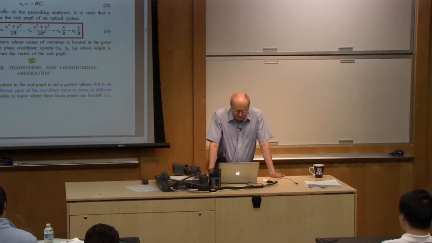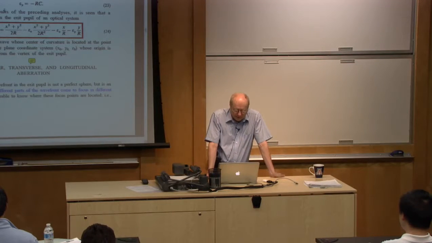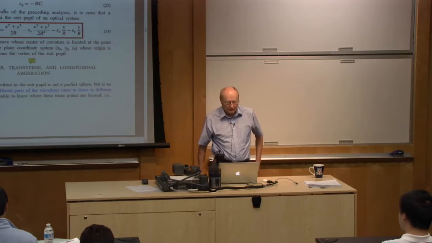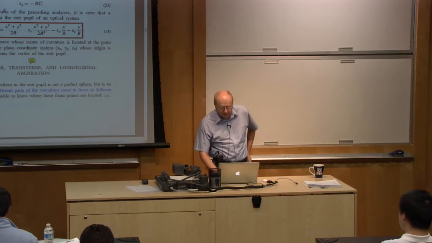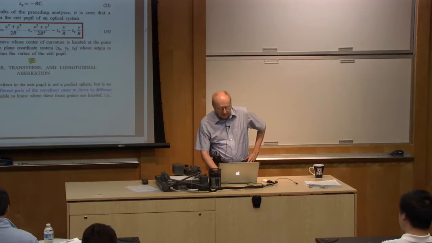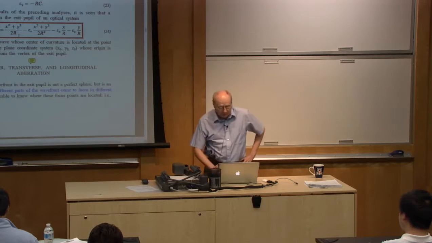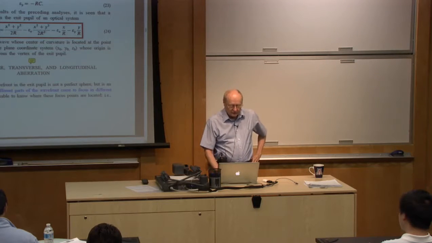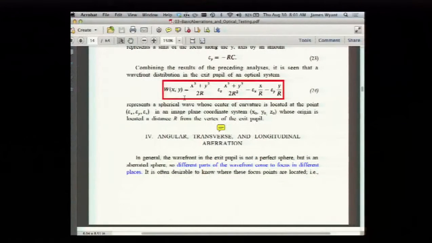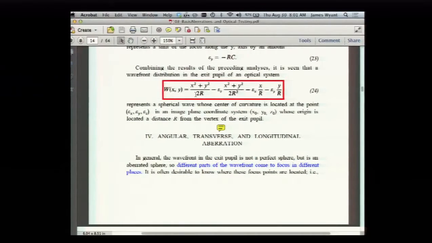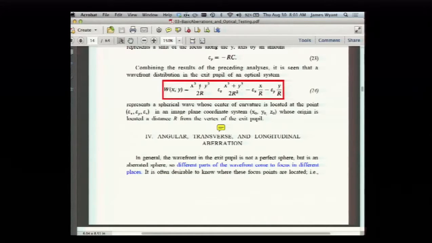So, last class we were talking about spherical waves and how to write the wavefront for a spherical wave. And we said that if we had a spherical wave with a radius r, we could write the wavefront distribution as x squared plus y squared over 2r. This is a parabolic approximation.